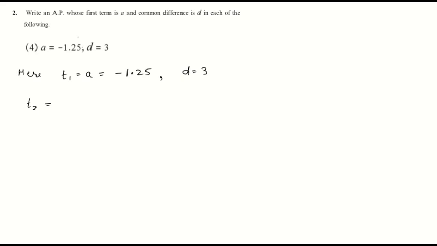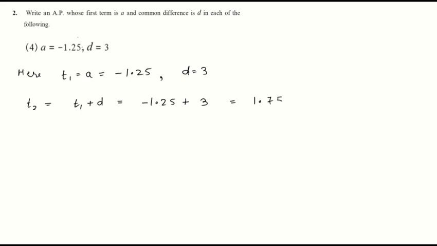So T2 is T1 plus D, which is minus 1.25 plus 3. So what will we get here? Plus into minus is minus, sign of the bigger number, the answer will be positive, and 3 minus 1.25 will give us 1.75.